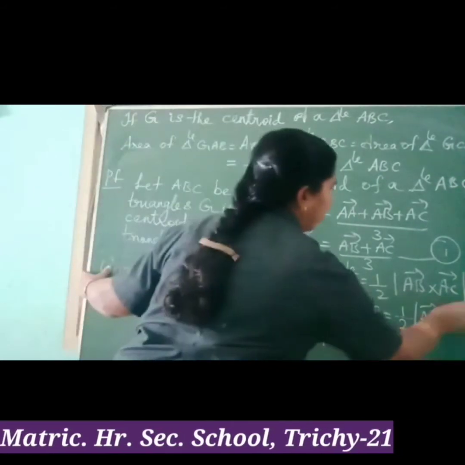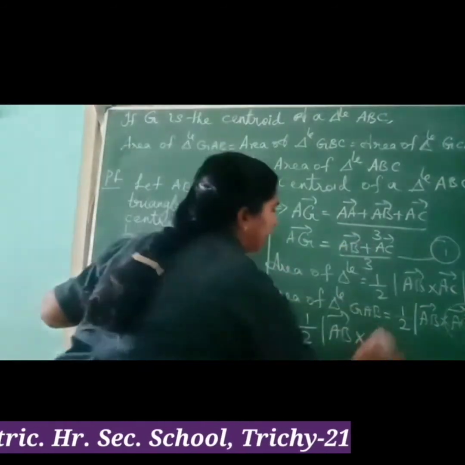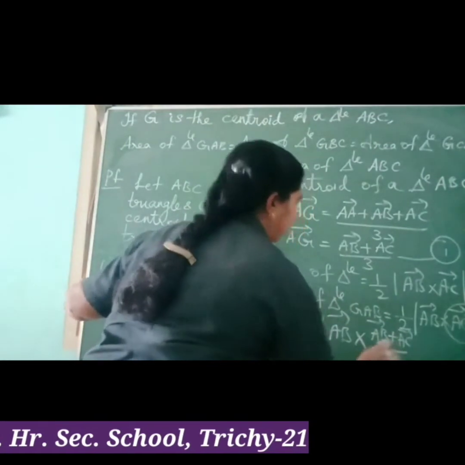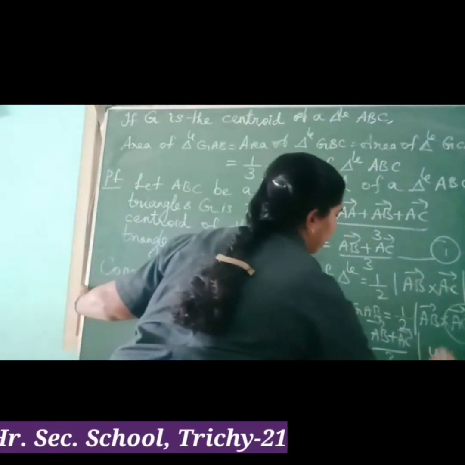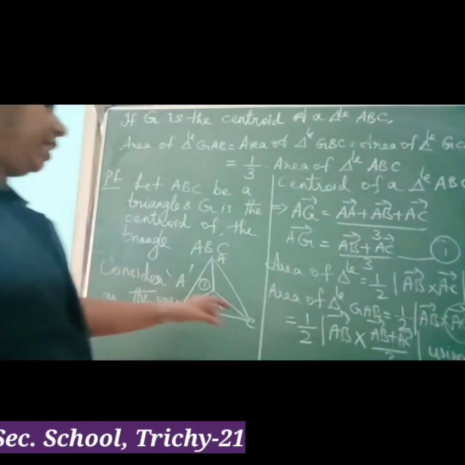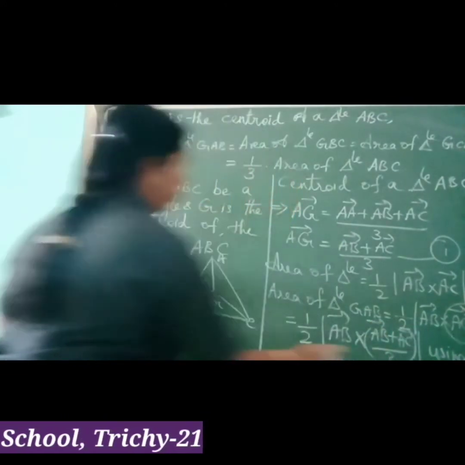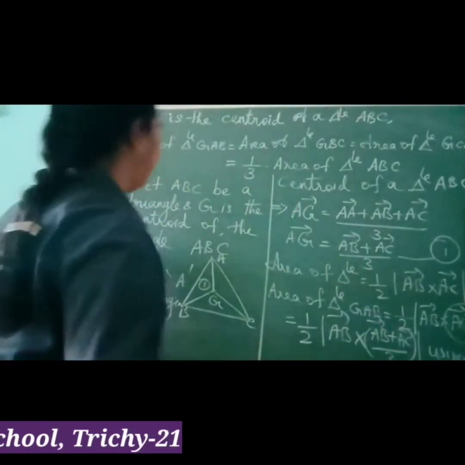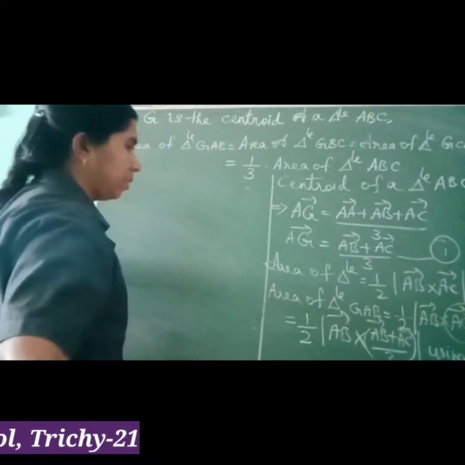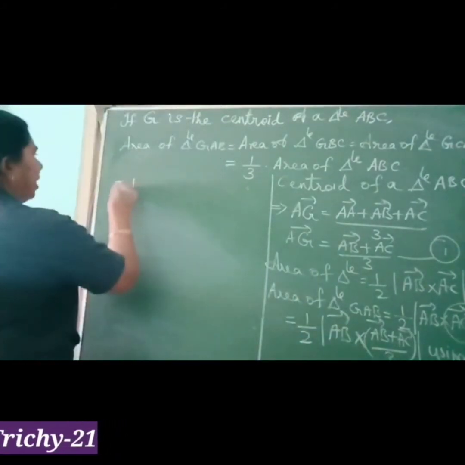Now already we got the value of AG vector. AG vector is equal to what? AB plus AC by 3. Using the first equation we are getting half into AB cross AB plus AC by 3. In the next step, this 1 by 3 you can take out.